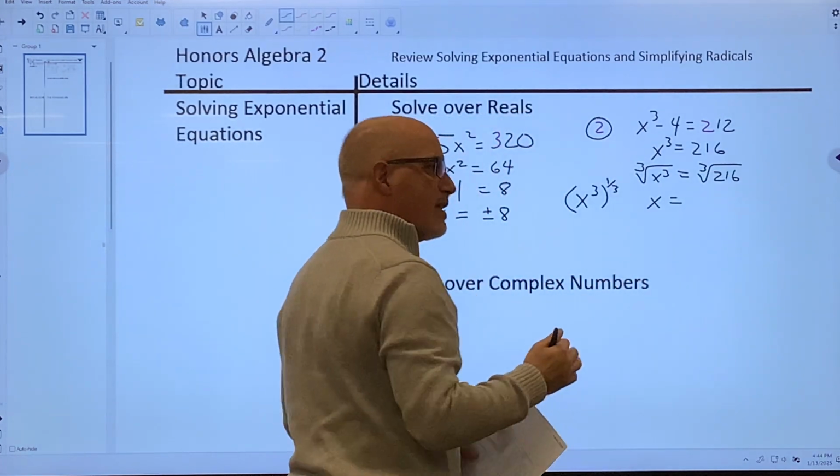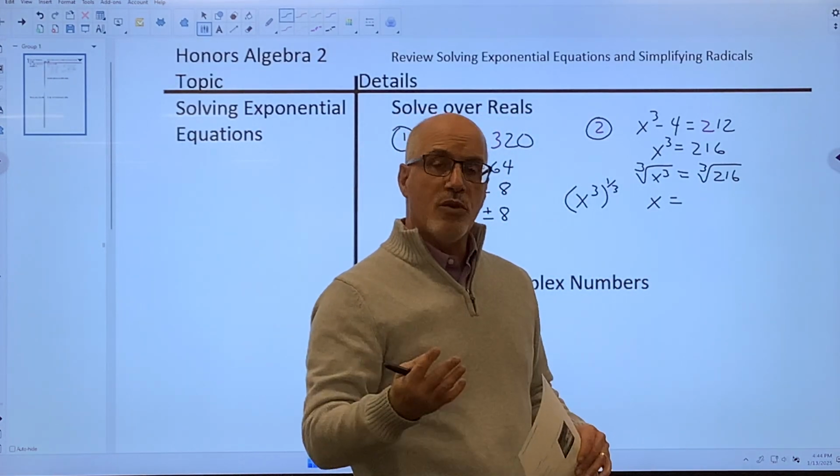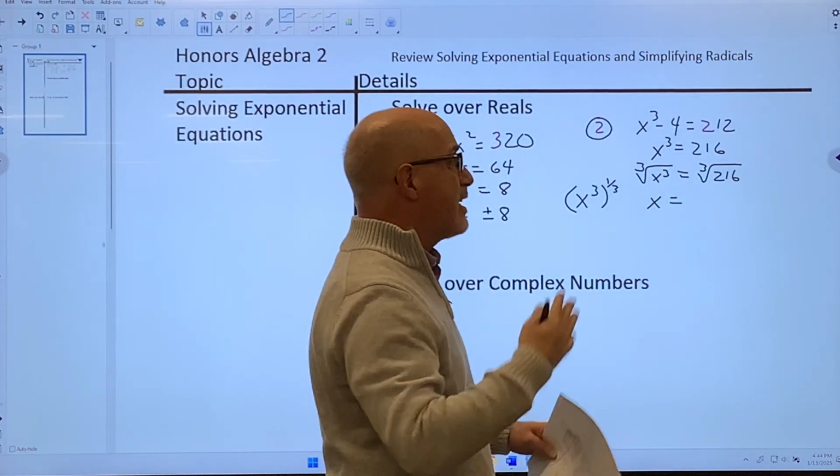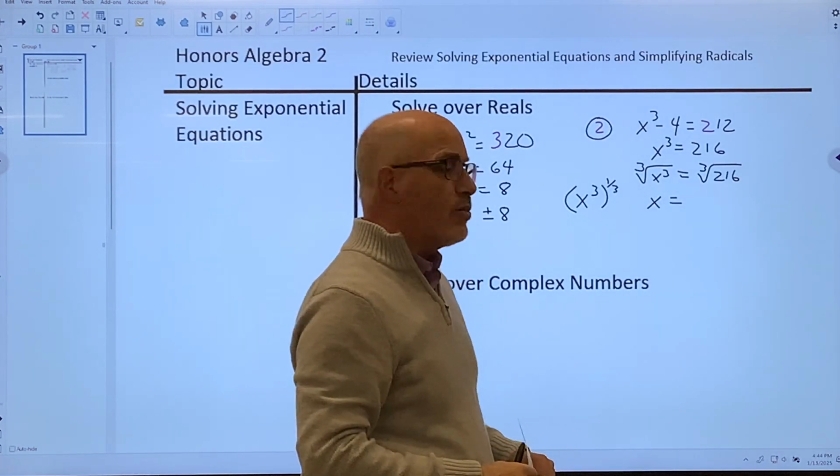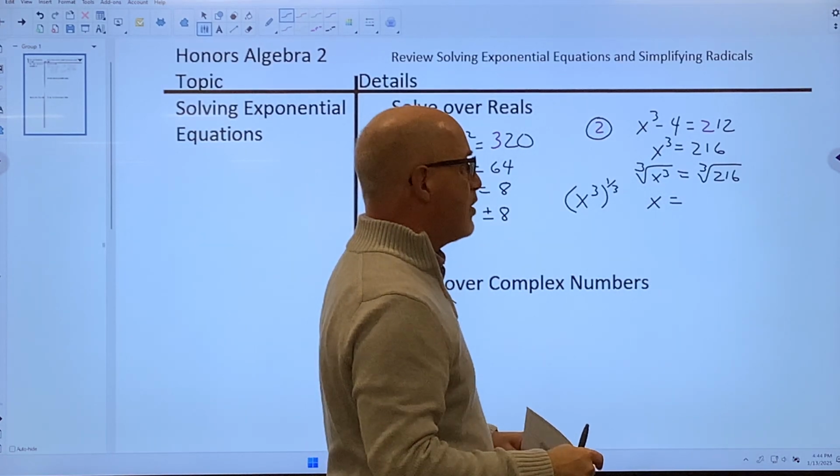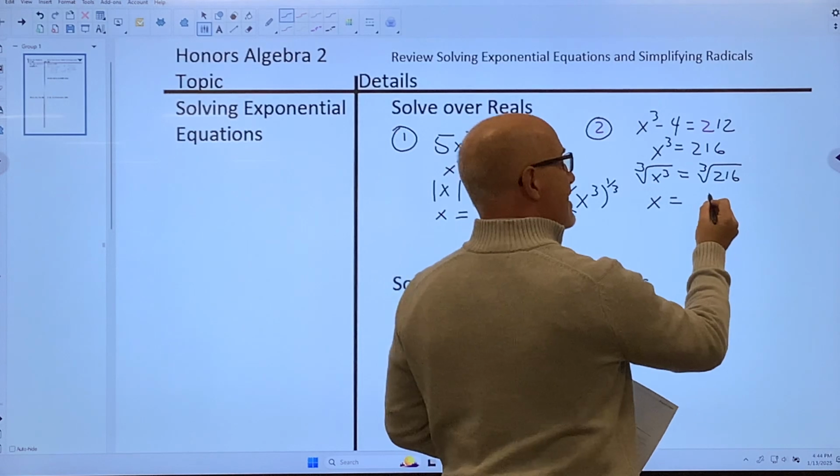The cube root of 216, you might have our perfect cubes memorized. You're starting to get the hang of it during Algebra 2 as to what those perfect cubes are, and recognize that that is a 6.